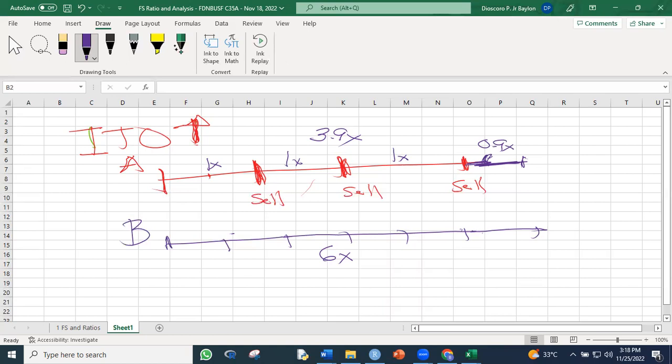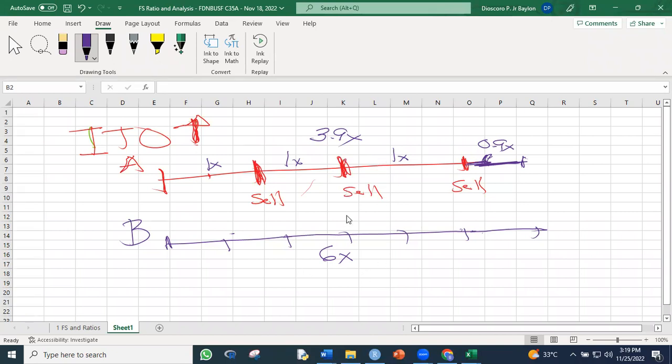Buy raw materials, convert to finished goods, sell. Please, which is the better performer? Is it company A or company B? Okay, let's wait for the others to answer. Thank you, Raf. But how about the others? What's the response of our other classmates?